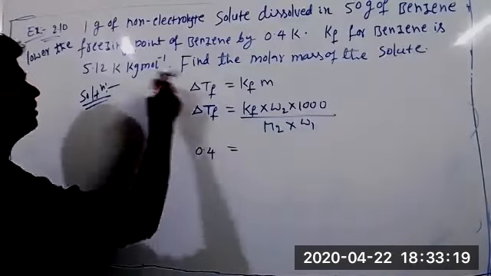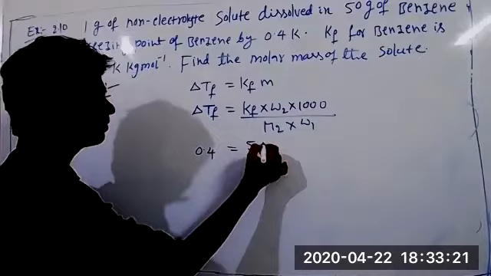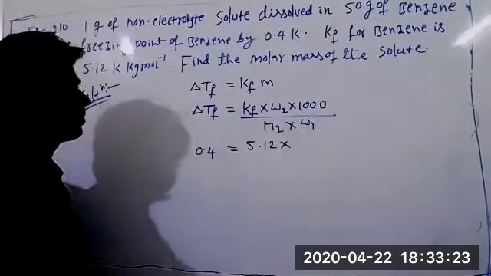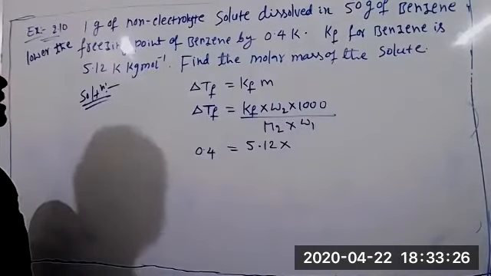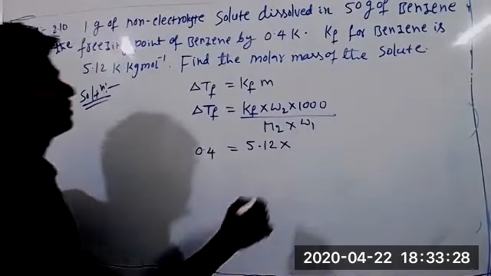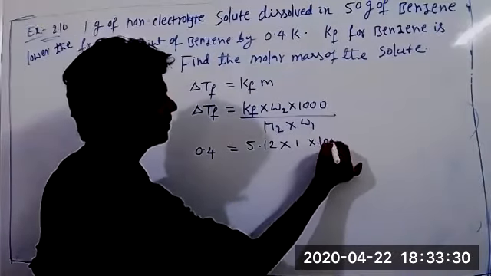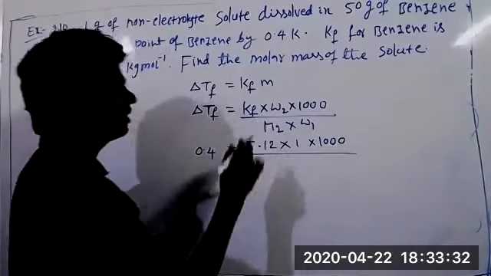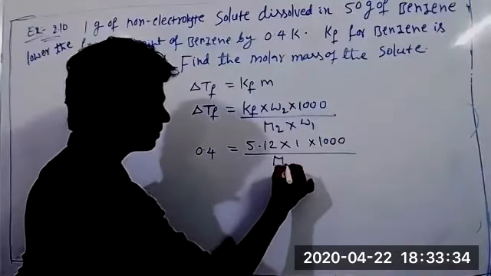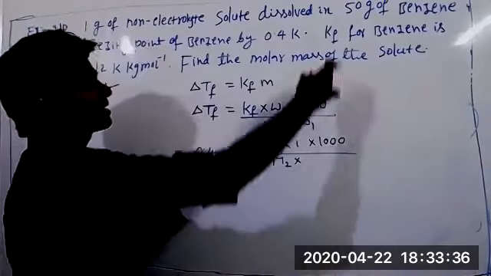Now the Kf value is given as 5.12, into W2, the mass of solute, 1 gram, into 1000, divided by the molar mass, which we have to calculate, and the solvent mass, 50 grams.